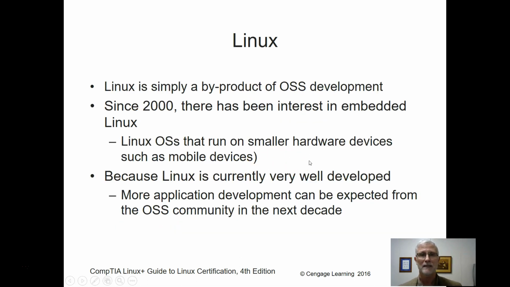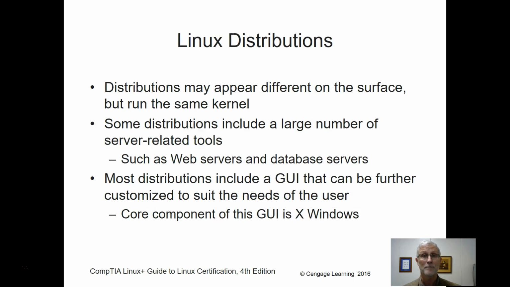Now, Linux is simply a byproduct of that OSS, that open source development. Since 2000, there's been growing interest in embedding Linux in smaller devices and mobile devices. It's expected to have more application development over the next decade than pretty much anything out there.